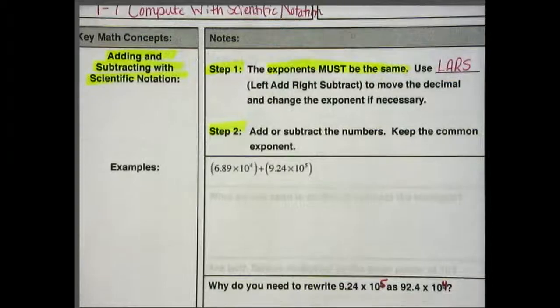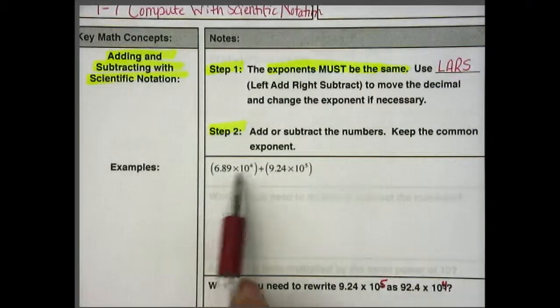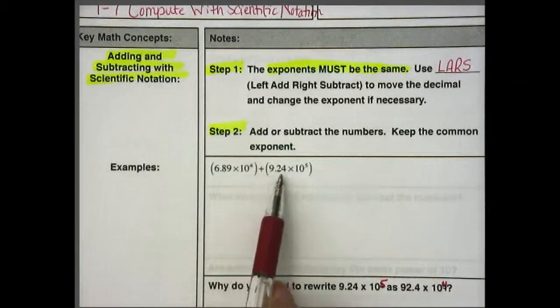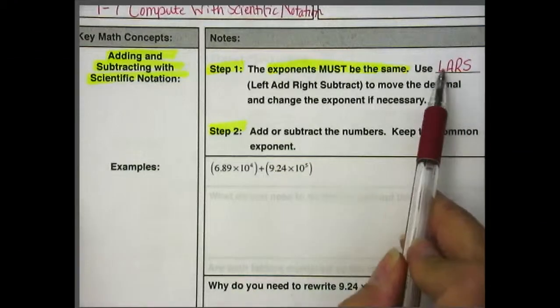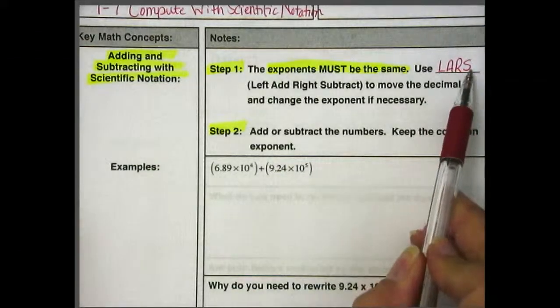So let's take a look at this example. We have 6.89 times 10 to the 4th plus 9.24 times 10 to the 5th. Well, they have different exponents. One's a 4th and one's a 5th. So we're going to change the second one, 9.24 times 10 to the 5th, to the 4th. Now I want you to remember, left add, right subtract.